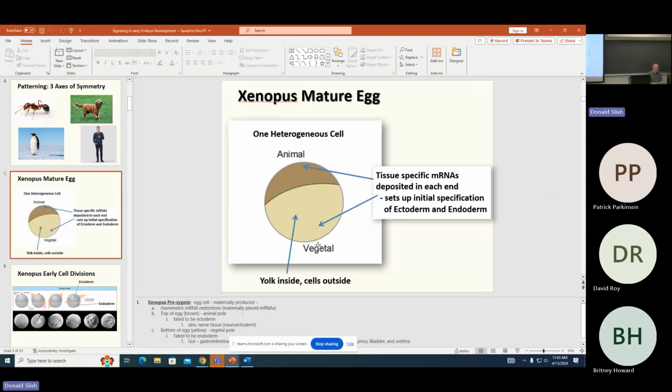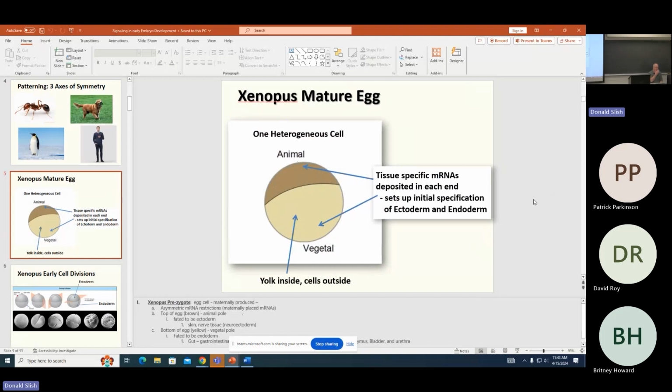The vegetal pole will become endoderm, and the animal pole will become ectoderm. And the reason for that is we've got maternally deposited proteins and mRNAs that are attached to the cytoskeleton in these areas, and so they're restricted there.